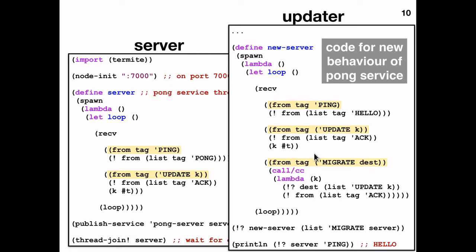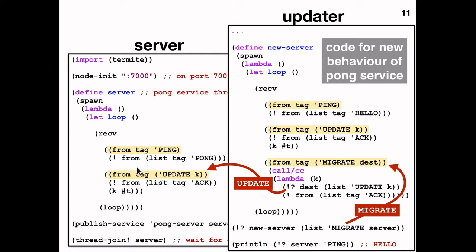What it does is simple. When you send the migrate message, it captures the current continuation, the state of this new server, and then it's captured into k, which is sent to the server here, which is the destination node.